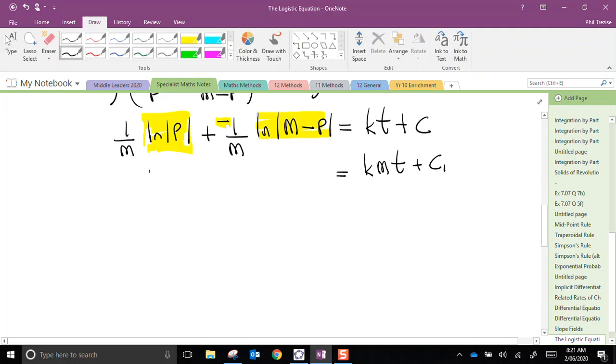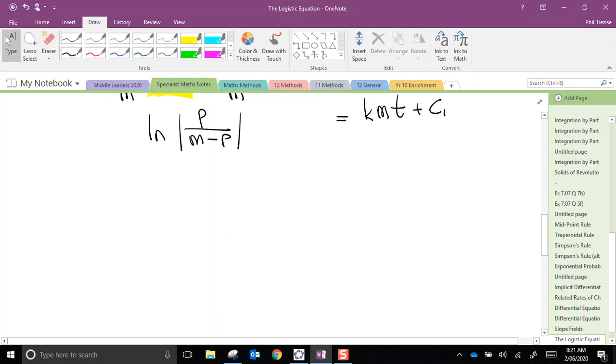So this would be the ln of p over m minus p. Writing this using exponents, p over m minus p would equal e to the power of kmt plus c1.